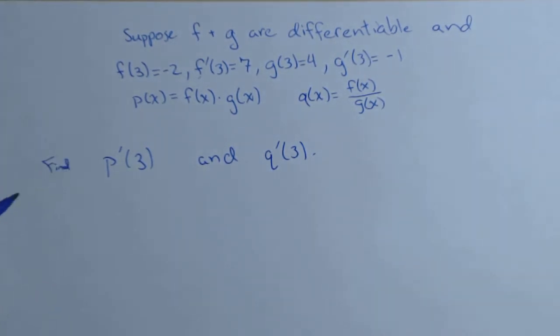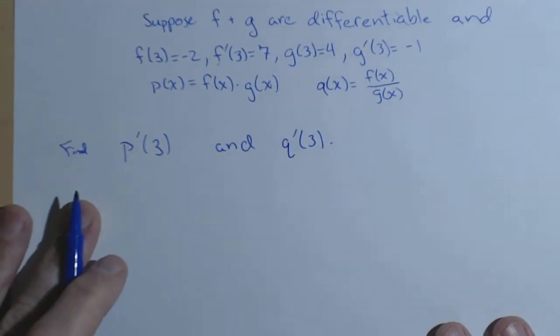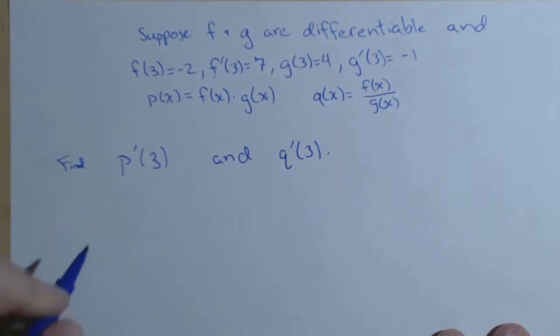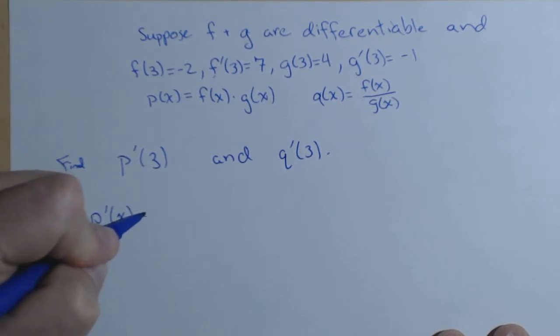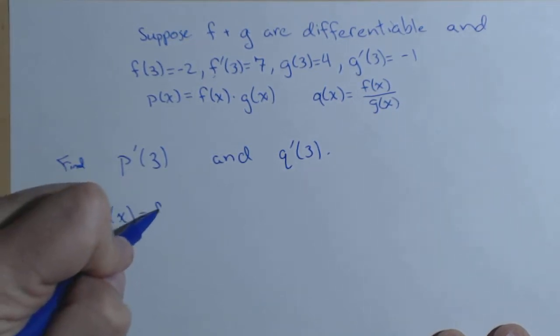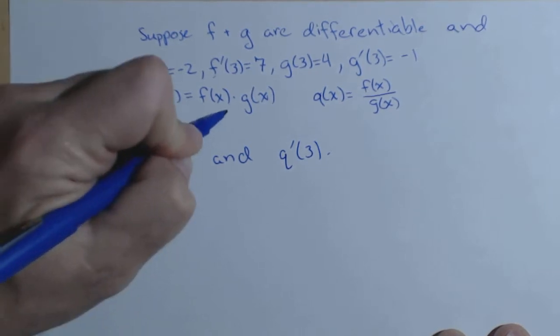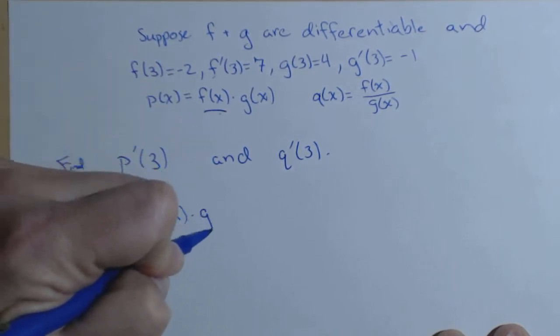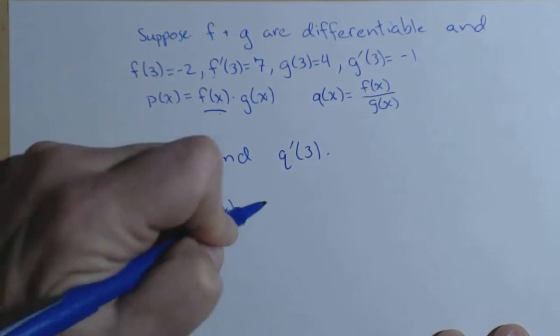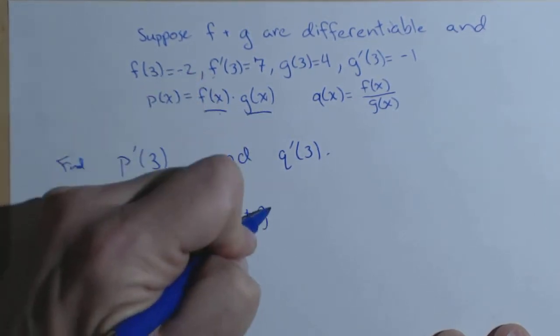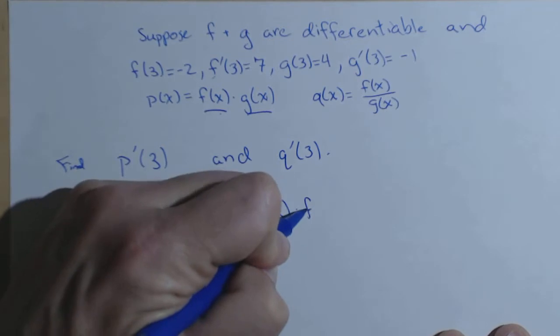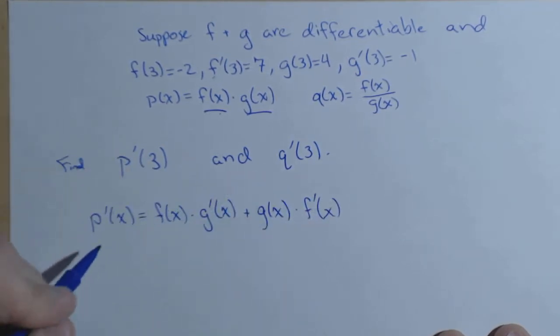So that's our goal. This may seem kind of weird at first, like we don't have enough information, but we know that p of x is f of x times g of x, so p prime of x by the product rule is hold the first constant times the derivative of the second, so g prime of x, plus, now we're holding g of x constant times f prime of x.